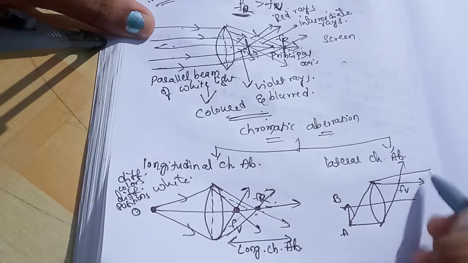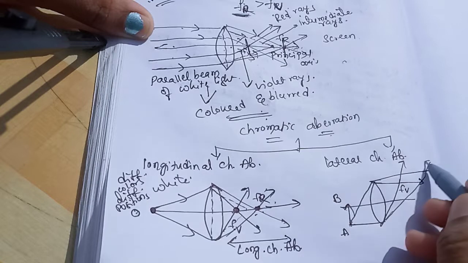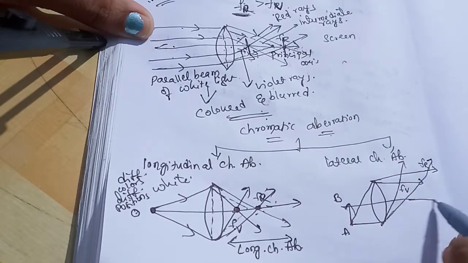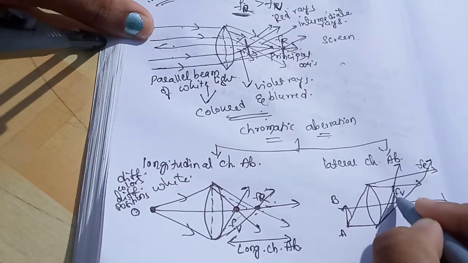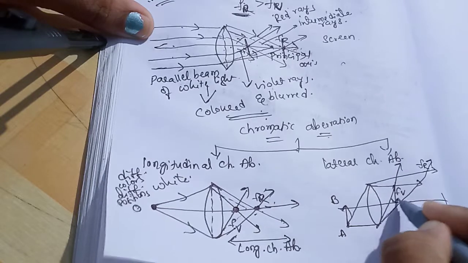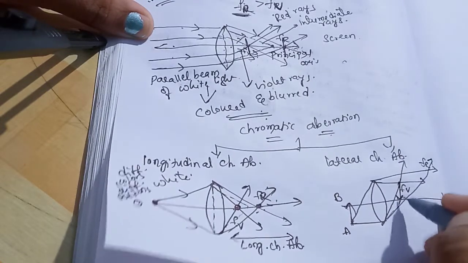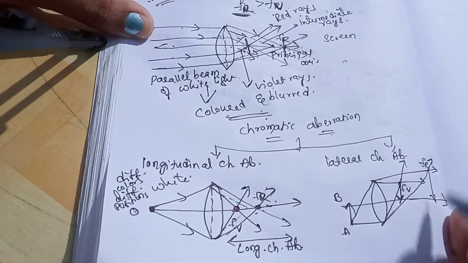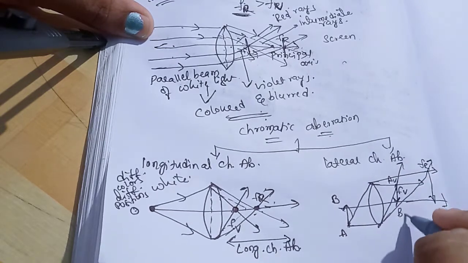Red rays, having greater focal length, form their image far from the lens. This is the image formed due to violet rays, and this is the image formed due to red rays.